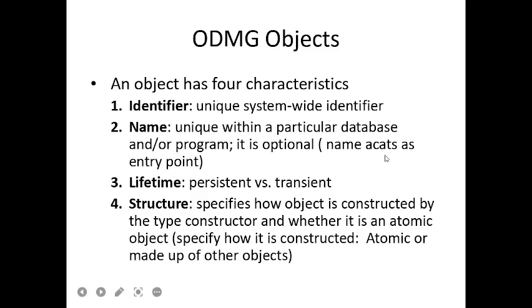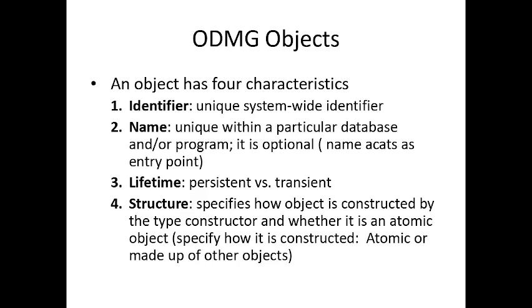That's why these are known as entry points. It is also possible to give more than one name to an object. All names within a particular ODB must be unique. That is the characteristic.